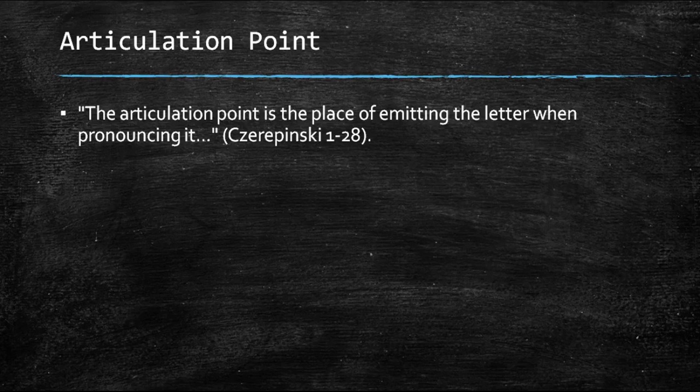But they have added to this definition, some of them might add, that this articulation point differentiates between letters and sounds, or something like that. Let me just grab what they have said exactly.